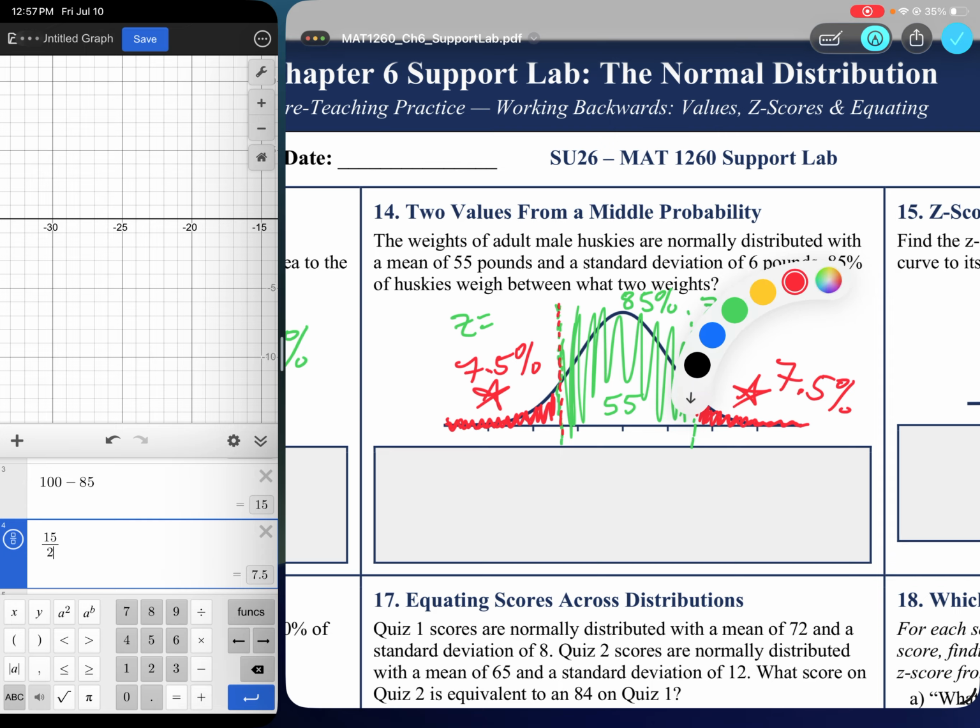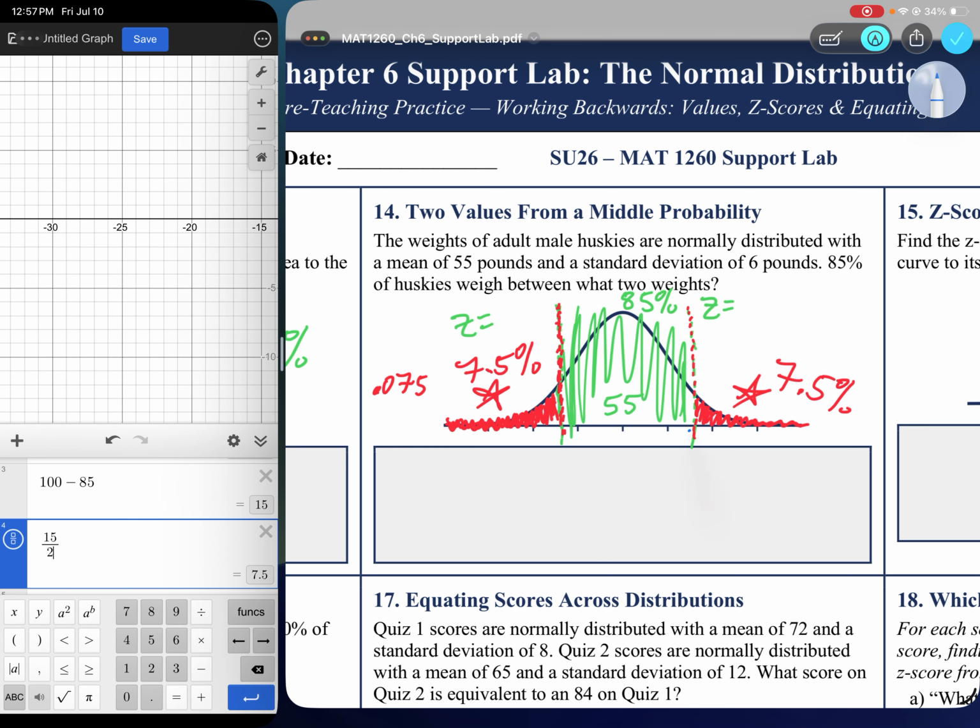Now, for my lower bound down here, we can literally just put in this left tail of 7.5%, which will be 0.075 when it's time to go to our spreadsheet. That will get us the z-score connected with the lower bound, because that's the left tail. Now, to think through the left tail up here: how much of the data is below that upper bound we're searching for?